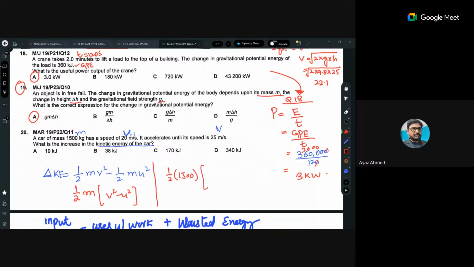And what is final speed? 25 square minus 20 square. Never do 25 minus 20 square, that is absolutely incorrect. Don't do that.